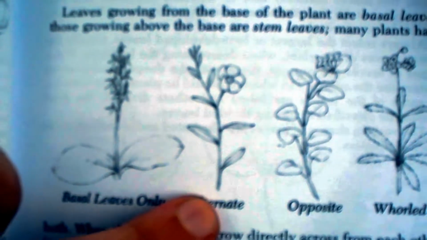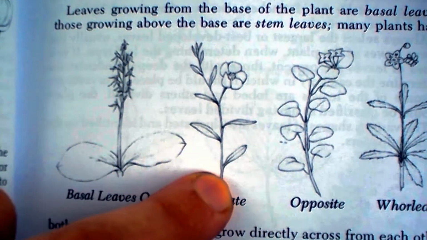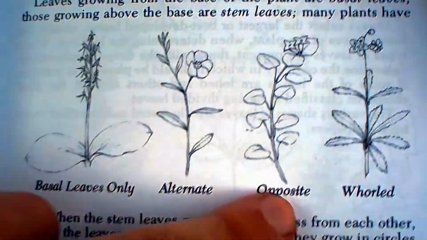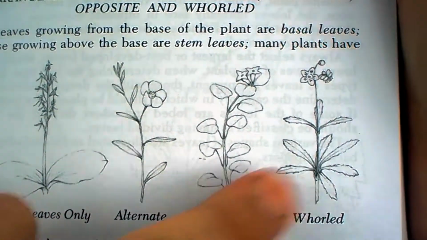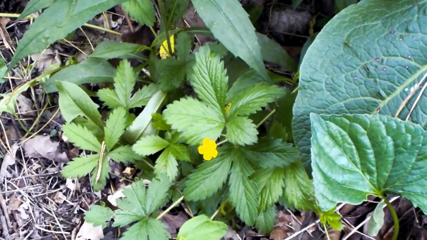Alternate leaves means that only one leaf comes off from the stem at each point, and they are in alternating directions. Opposite and whorled leaves mean that more than one leaf can come up the stem at each point. So it's hard to tell here, and I know I'm probably not going to be able to show you because this camera's not focusing on the plant very well, but this plant actually has alternate leaves.